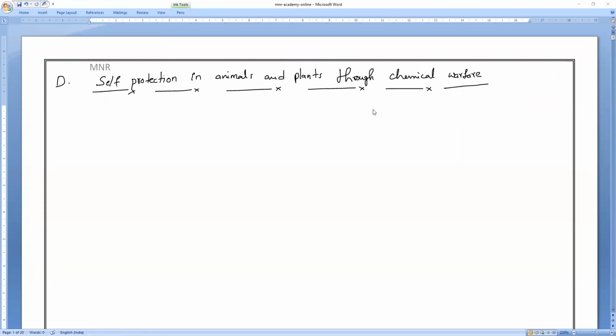So let us discuss now. We see that many animals and plants in our surroundings, to escape from predators, have created a security system with the help of some kind of chemicals.